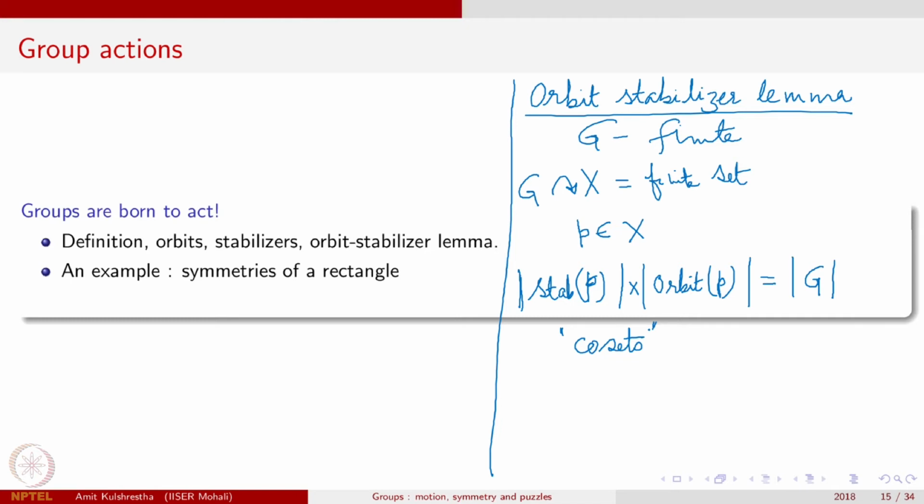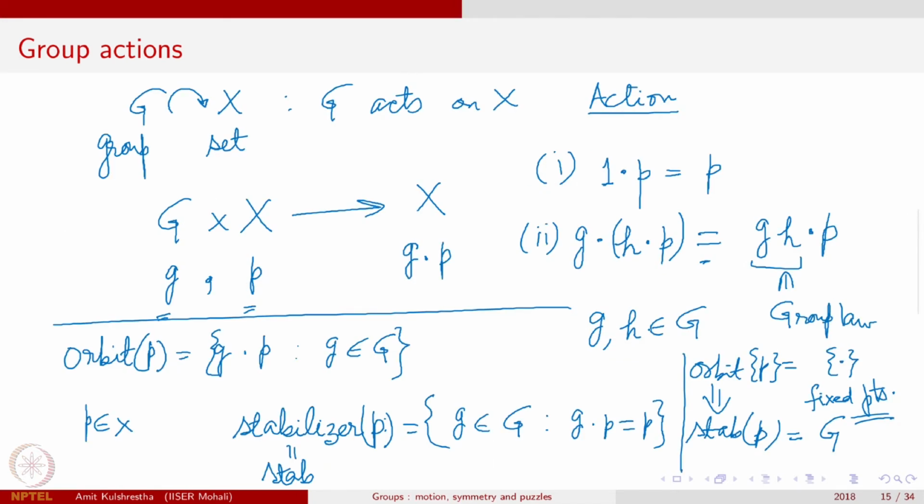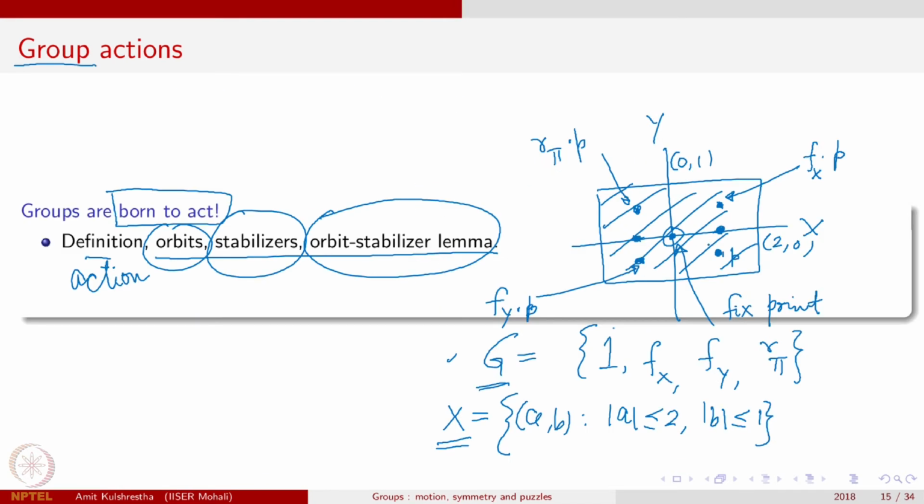For example, in this case, if your point is this, then the orbit size is 2. So let me call this point Q. For this point, you take the stabilizer of Q. What is it?